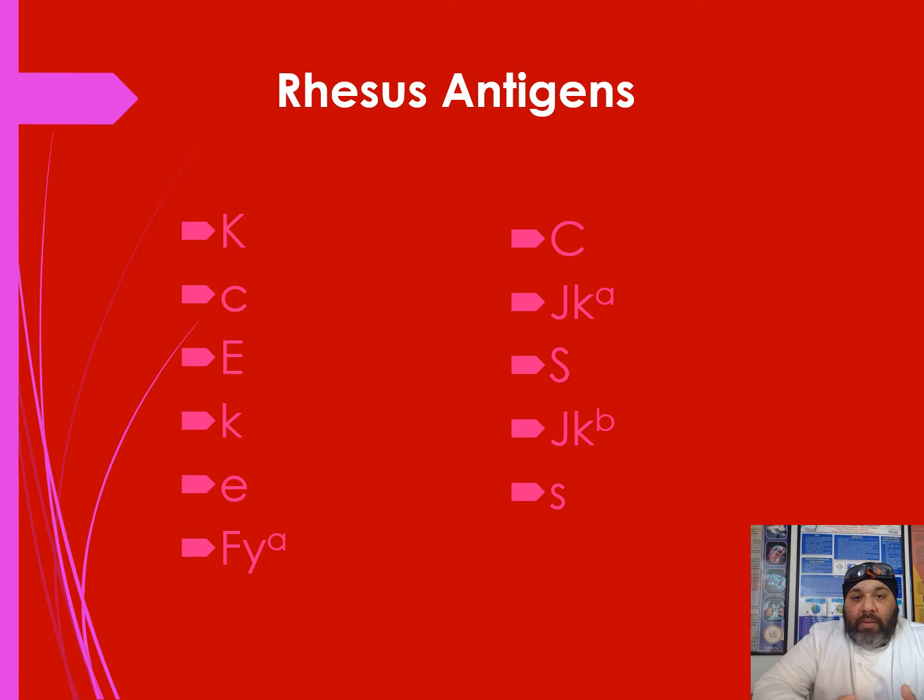And certain additional investigations around cross-matching and identifying any particular antibodies, autoantibodies or alloantibodies, can be carried out. When patients have had more than one red cell blood transfusion, they can pick up other antibodies, and if paneling is done after several transfusions, then other antigens and antibodies can be identified.